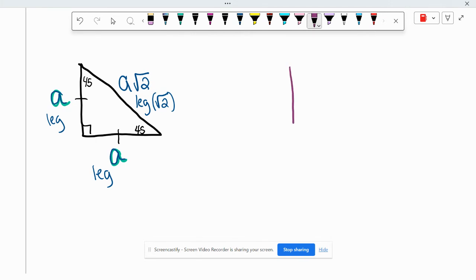If I have a 30, 60, 90 right triangle, this is my short leg, this is my long leg, and this is my hypotenuse. 30 and 60 right here. Okay.